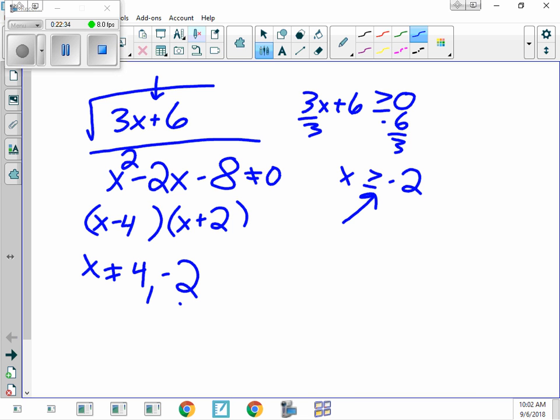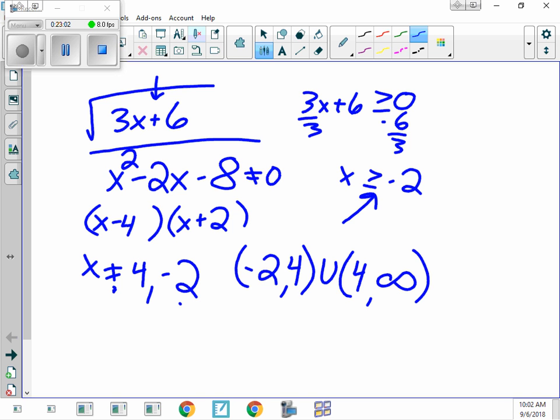One side said yes, the other side said no, so the answer is no. So negative 2 gets a parenthesis up to 4, and 4 gets, nope, 4 can't happen. 4 does not belong. So from negative 2 to 4 union 4 to infinity.